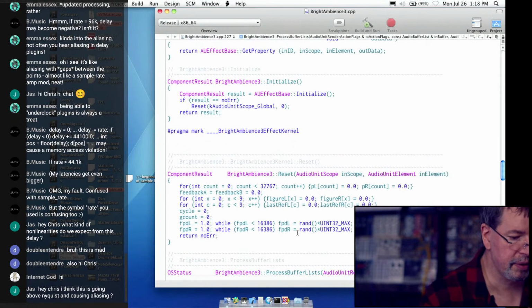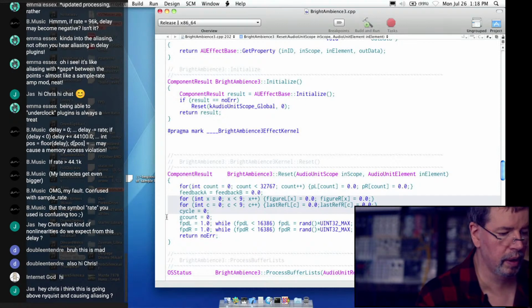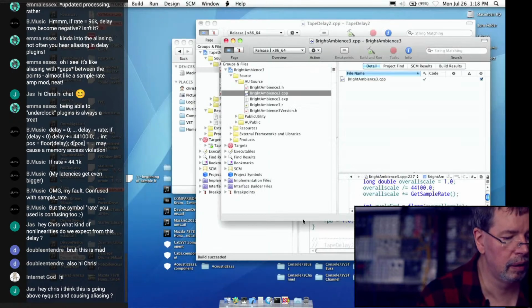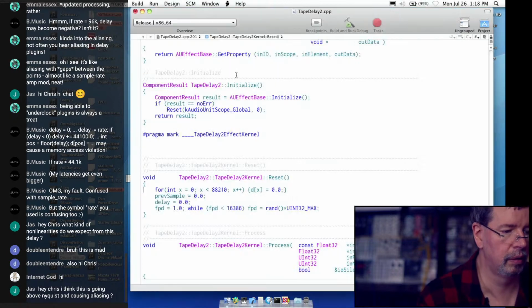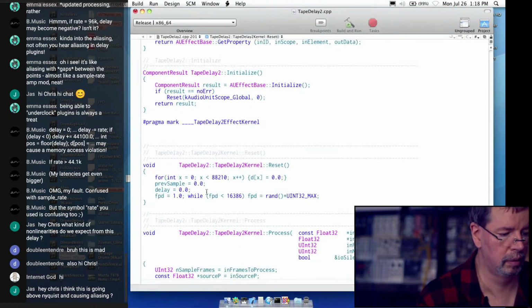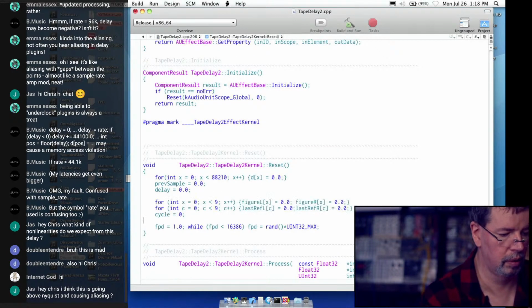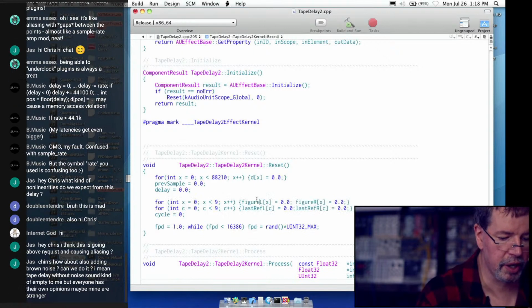And we'll instantiate them. Like so. Unstereoize them.